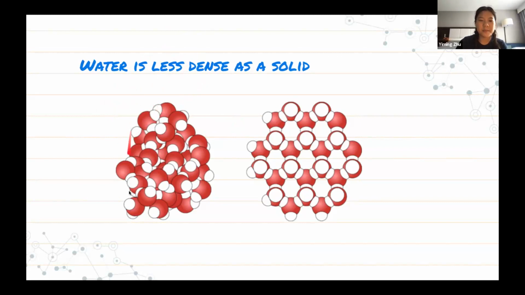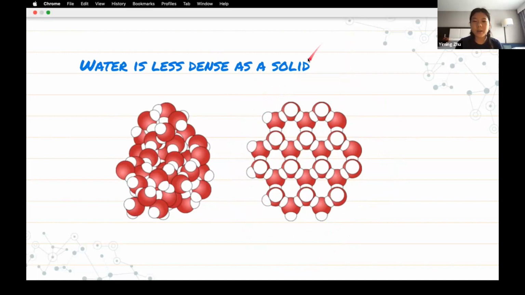So, this one over here is actually water, and this picture over here is the ice. If you remember yesterday I said solids can be crystalline or amorphous. This one is an example of a crystalline solid because it's in a very organized repeating pattern.